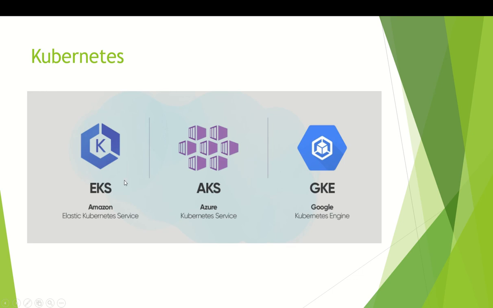For example, you have deployed your DevOps website on Amazon, and you also have a few servers in Azure and a few servers in Google.